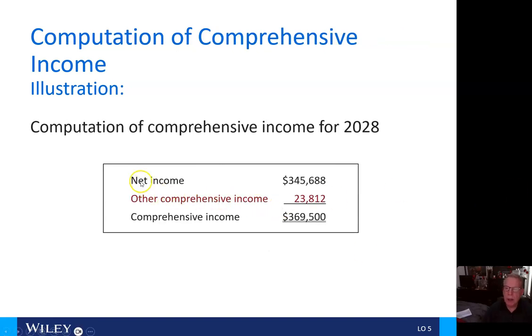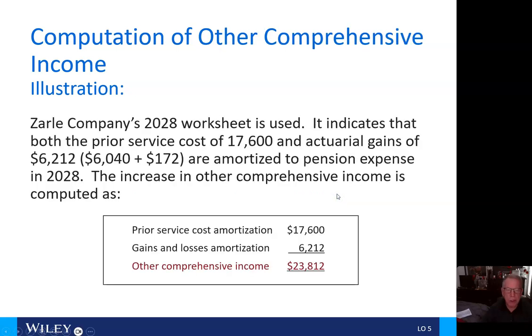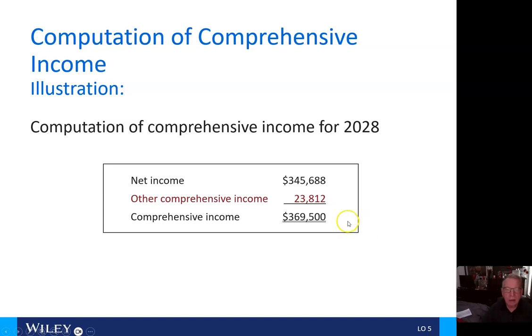Now, the computation of comprehensive income for 2028 is going to be, we'll start with our net income of $345,688, and we'll add other comprehensive income that we just calculated here, and that gives us comprehensive income of $369,500.